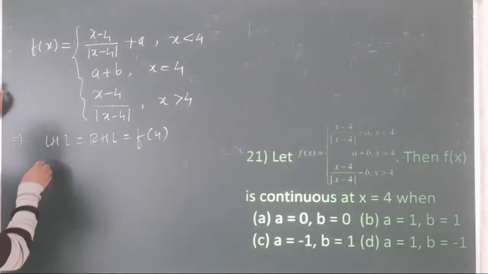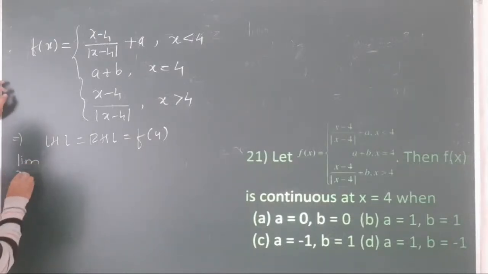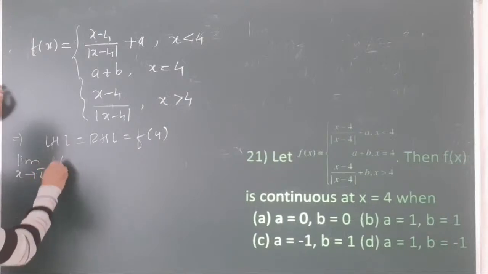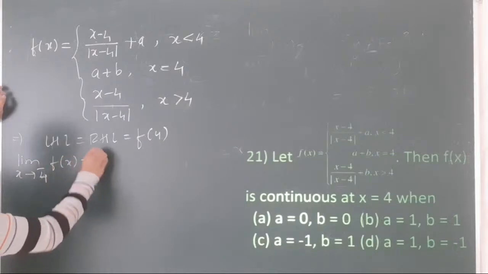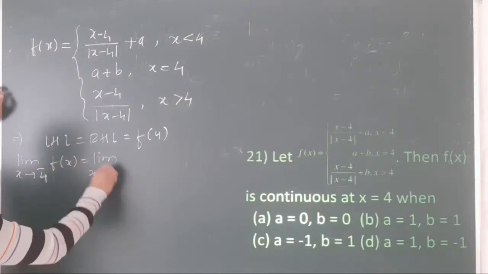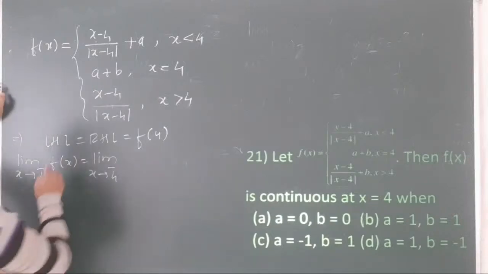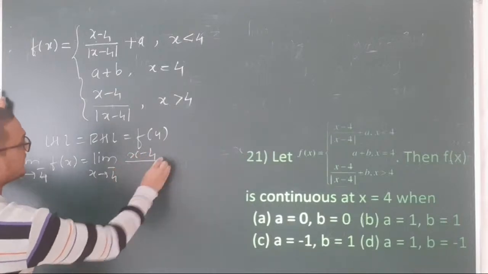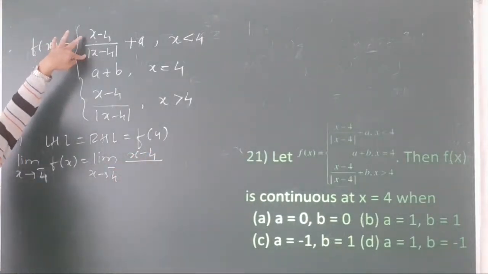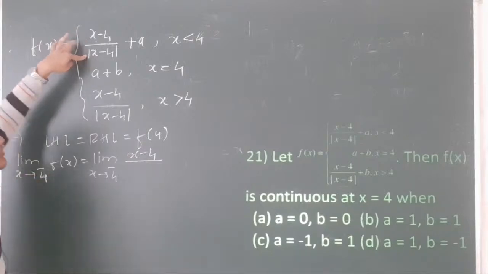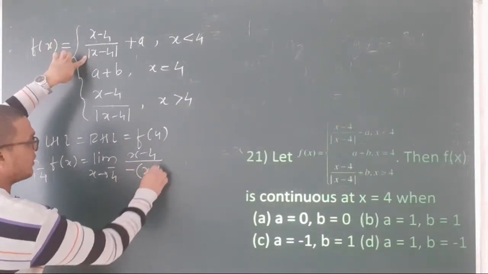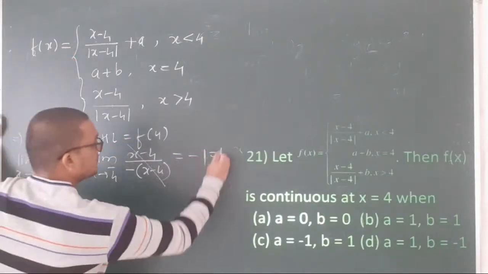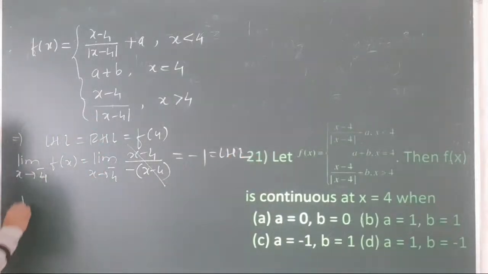Now, LHL means what? That is limit x tends to 4 minus of f of x, which is equal to limit x tends to 4 minus, LHL means less than. For x less than 4, it is x minus 4 divided by the modulus, but here x is less than 4, so therefore the modulus value is minus of x minus 4. This will get cancelled, the answer is minus 1.